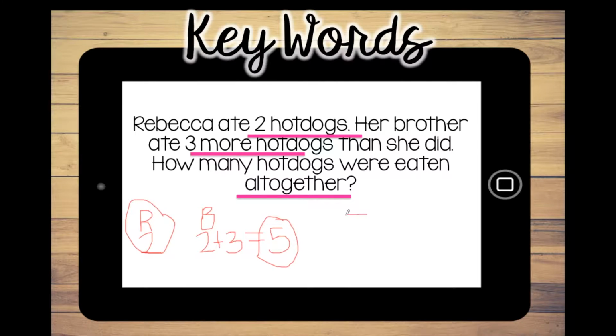So I'm going to say 5 plus 2 equals 7. And don't forget your label, 7 hot dogs. I hope that helped you better understand two-step word problems. Let's do one more together to see if we can better understand.